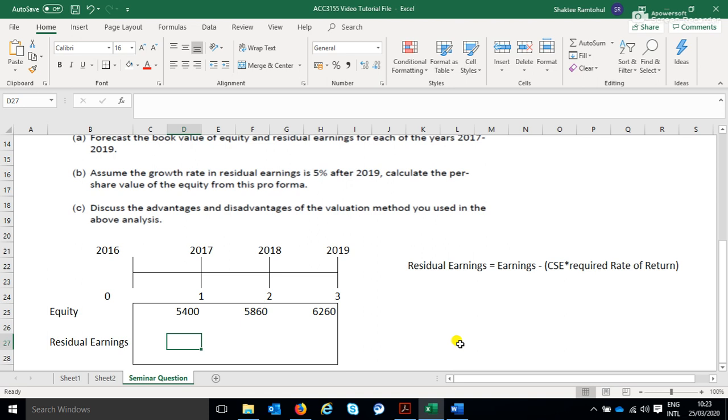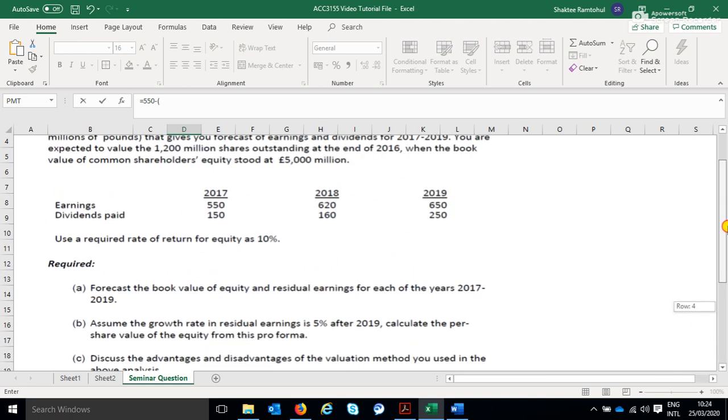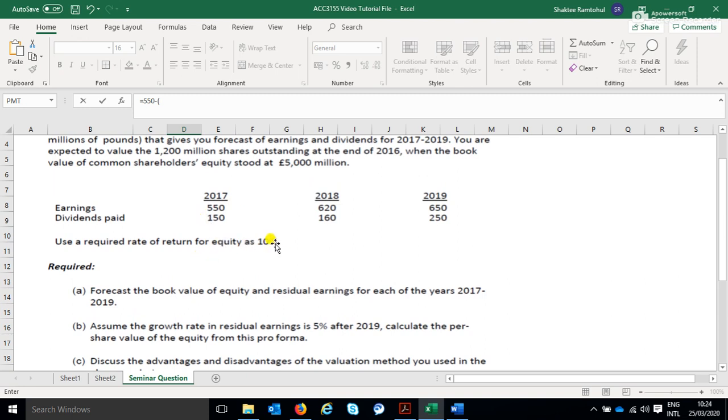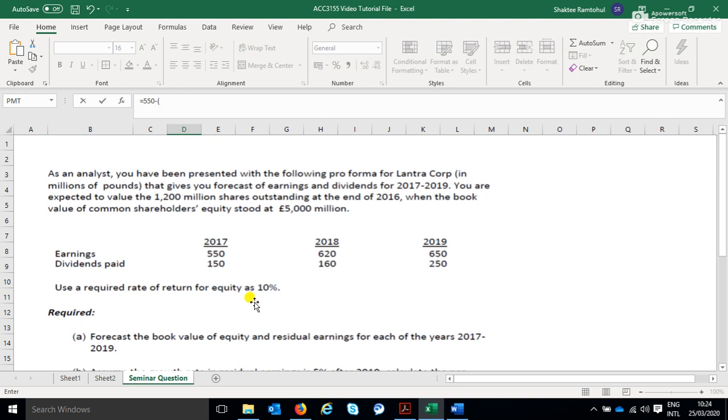It is whatever earnings we achieved in 2017, which is 550, minus what the shareholders were expecting to get. They were expecting a return of 10% of whatever equity was invested at the beginning of the year.